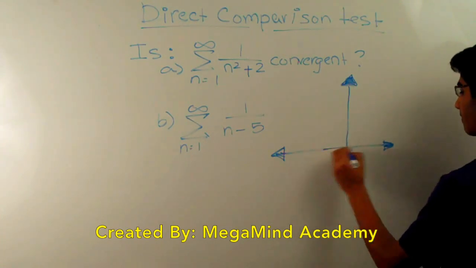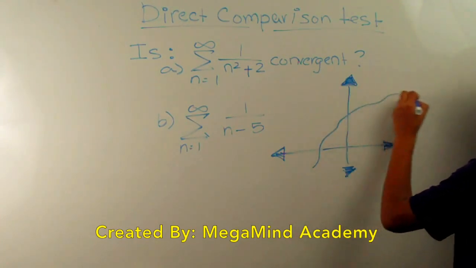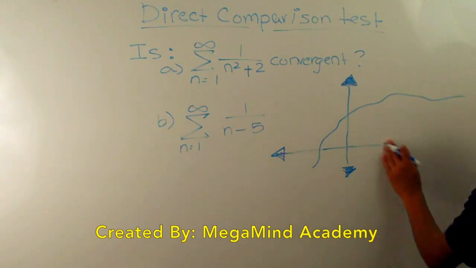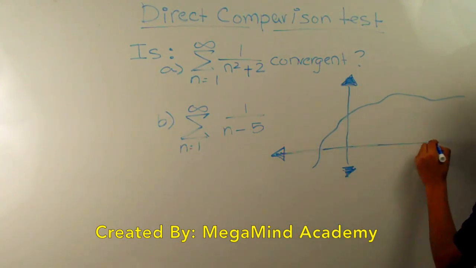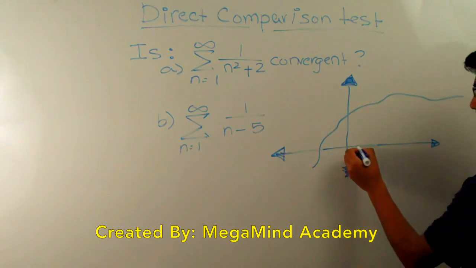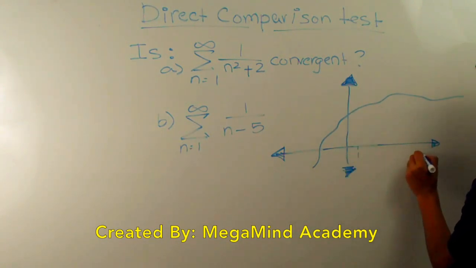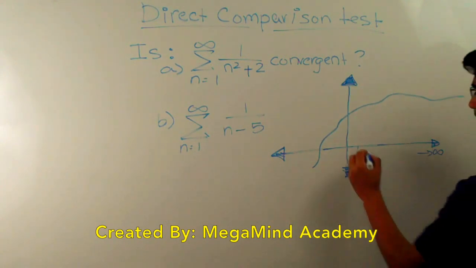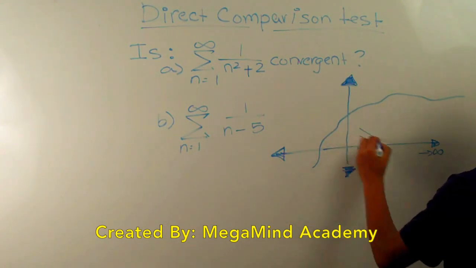Let's say this time the function looked like this. And we wanted to figure out whether this series was convergent or divergent from, let's say, 1 to infinity. So how do we do that? Well, let's take a look back at area. So we have this area that we don't know.